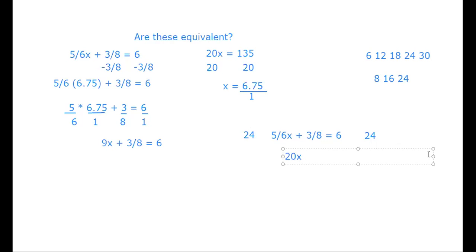Now I can factor. 6 goes into 24 4 times. 4 times 5 is 20. Now this is where, Ariana, you were telling me about doing your distributive property. This is where you have to do that also. 3/8 of 24. 24 times 3, 72. Divided by 8 is 9.